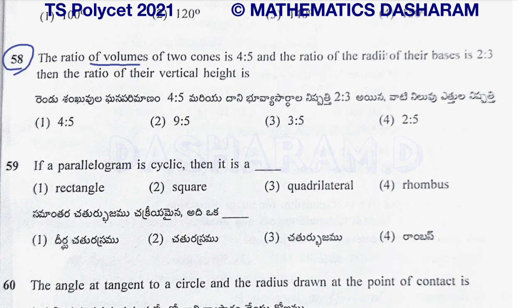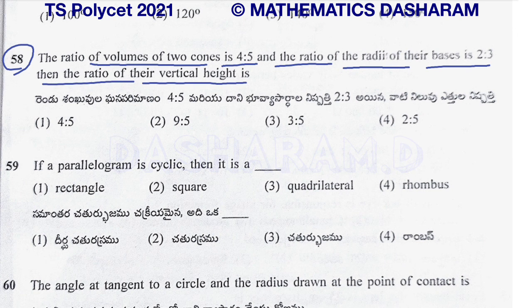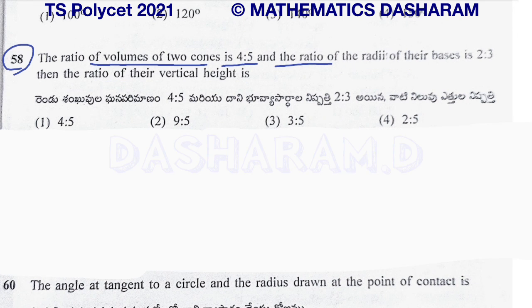The ratio of the volumes of two cones is 4:5 and the ratio of the radii of their bases is 2:3. Then the ratio of their vertical heights is? Given that the ratio of the volumes of two cones, I take V1 by V2 equal to 4/5.